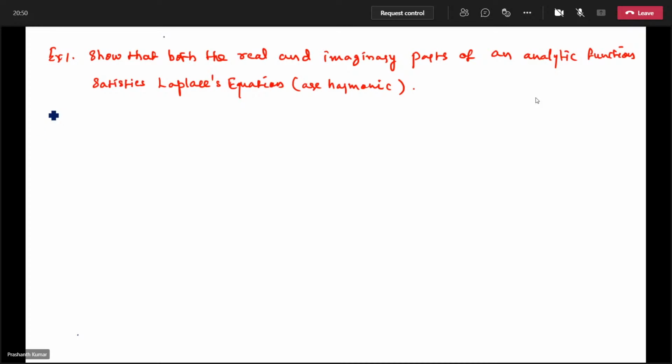Okay, so for this one, the solution I'm writing here. Let us consider the function f of z is equal to u plus iv. It is given that u plus iv are the real and imaginary parts of an analytic function.